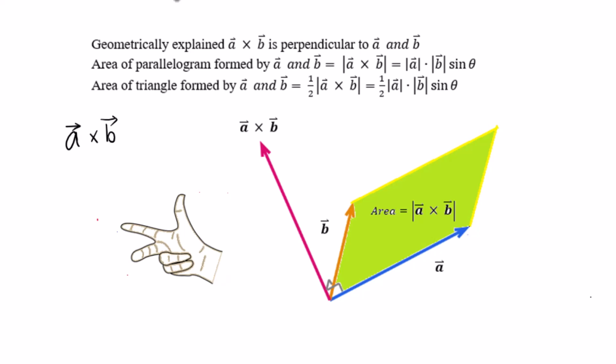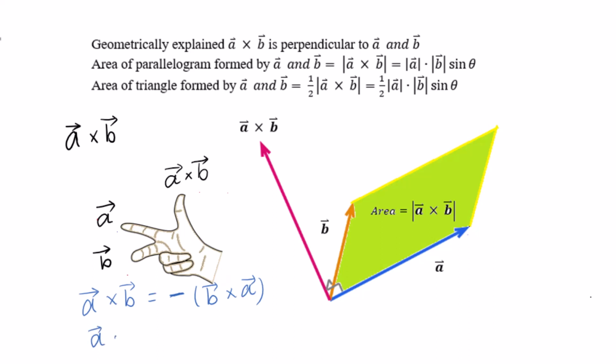We use the first finger to represent vector A, the second finger to represent vector B. Then the direction the thumb is pointing is the vector A cross B. Using this rule, we can figure out A cross B equals negative B cross A. Since the dot product of two vectors has no direction, we know vector A dot B equals vector B dot vector A.